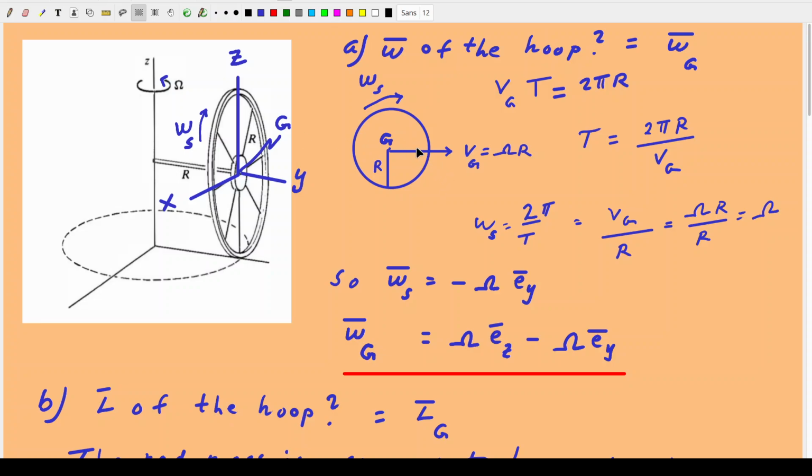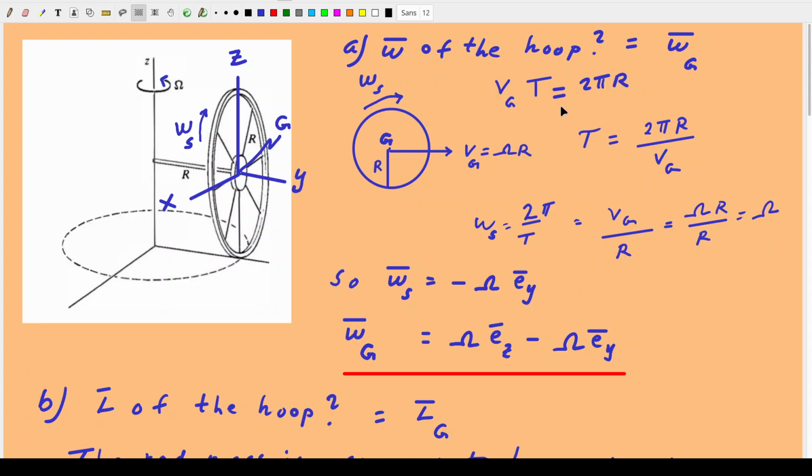And one thing we know, if we're rolling this hoop at that velocity, then here is the distance after a full revolution, the full time period, capital T. That's the distance that this point will be moving.